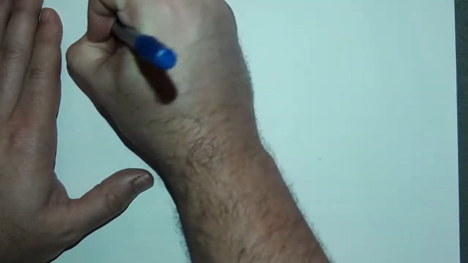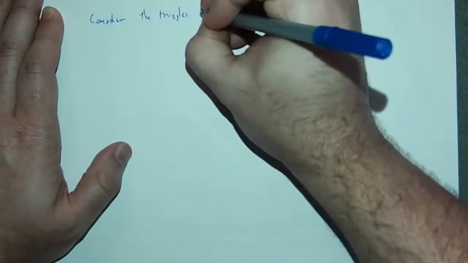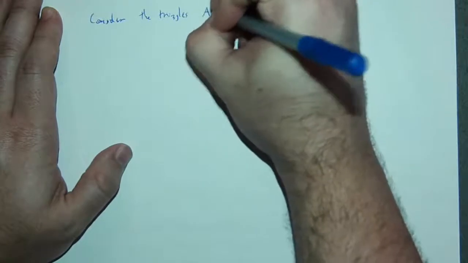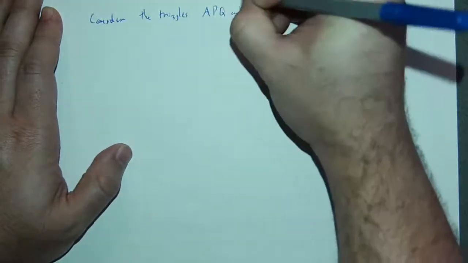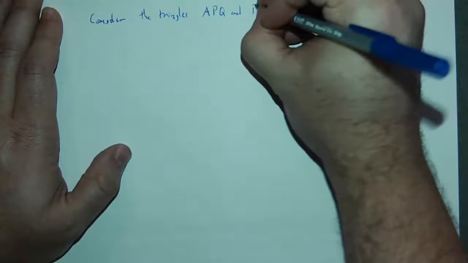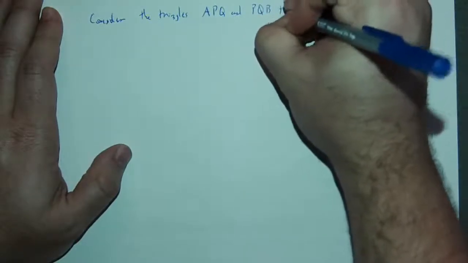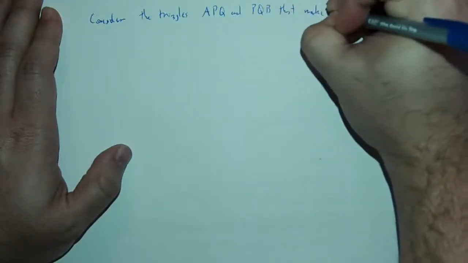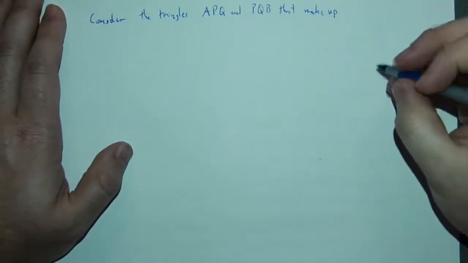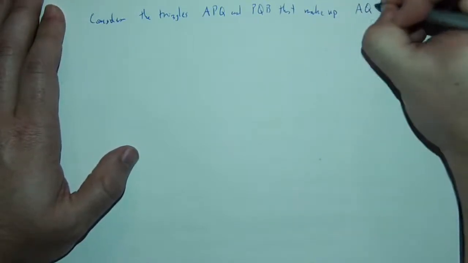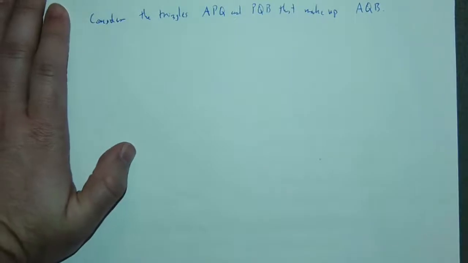Okay, so consider the two triangles that make up AQB. So consider the triangles APQ and PQB that make up AQB. Okay.